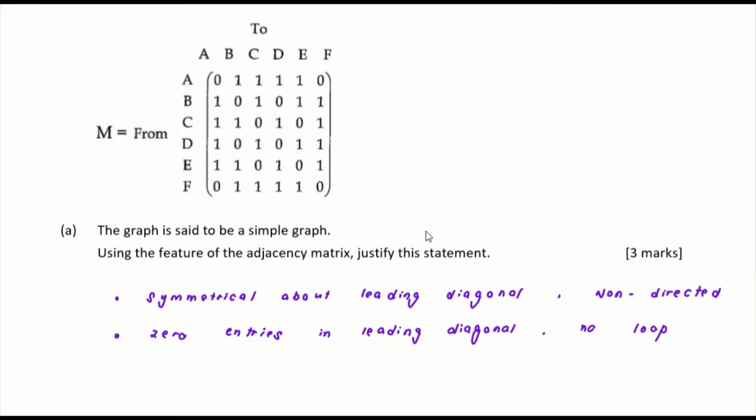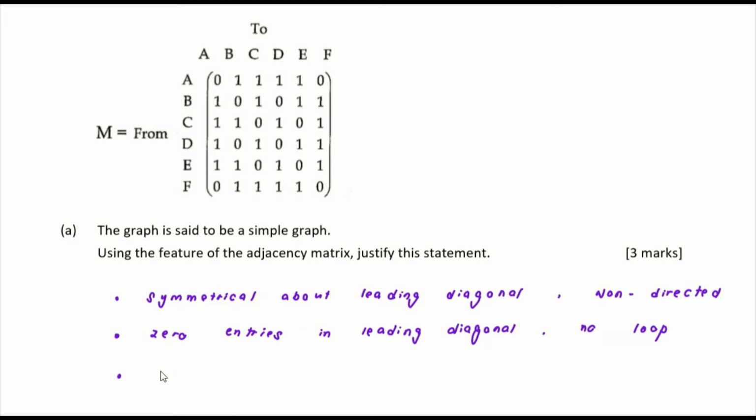Now how do you know whether there are multiple edges or not? It is by looking at every entry here being either 0 or 1. The adjacency matrix tells us the walks of length 1. So if every entry only has 0 and 1, it means that either there is no walk of length 1 or there's only one walk of length 1 that connects the vertices together. So there are no multiple edges connecting the same pair of vertices.